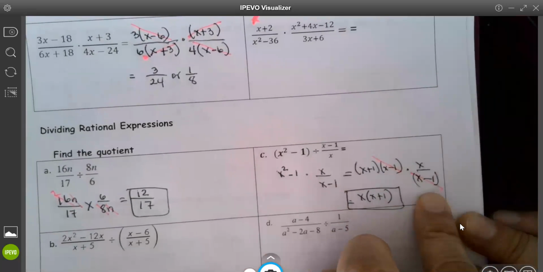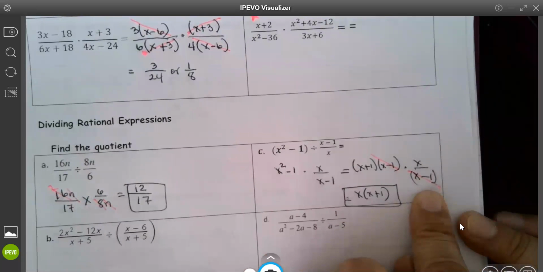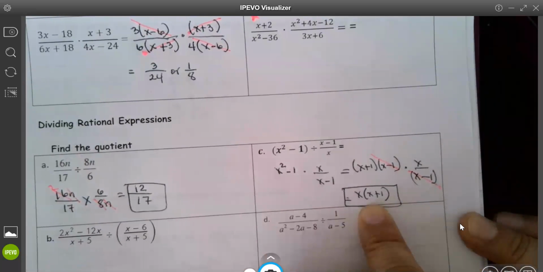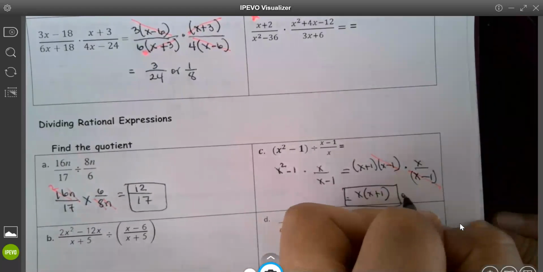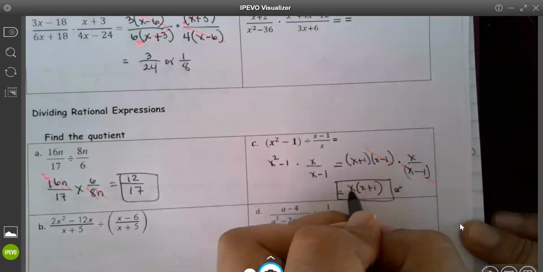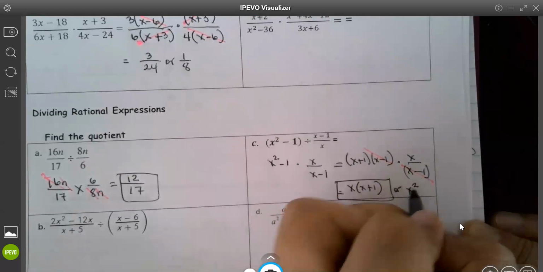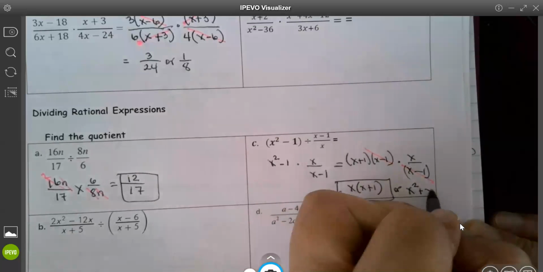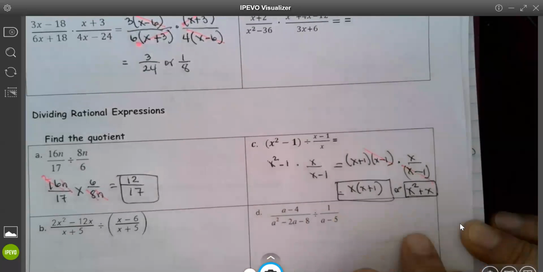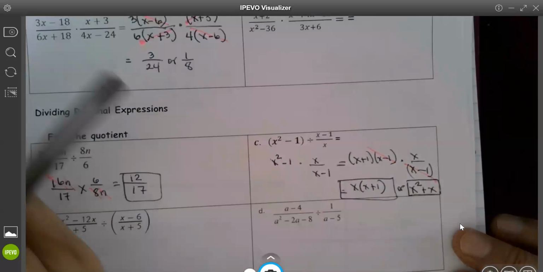Nothing on the bottom, it has been canceled. So you can have this for your final answer, or if you want to simplify, x times x is x squared, x times 1 is positive x. You can have this or this for your final answer.